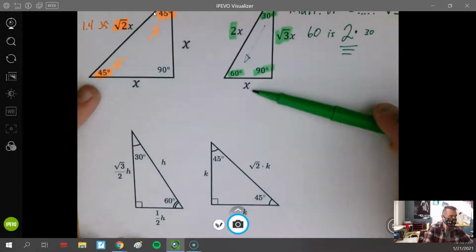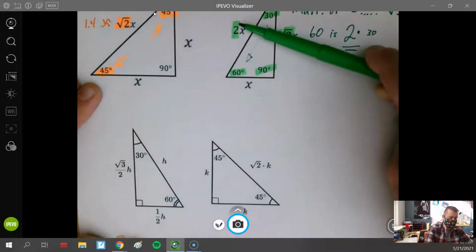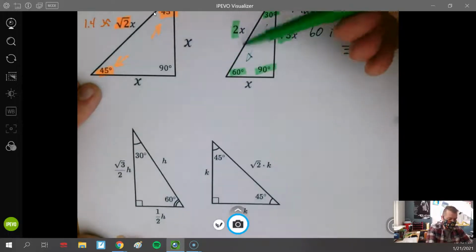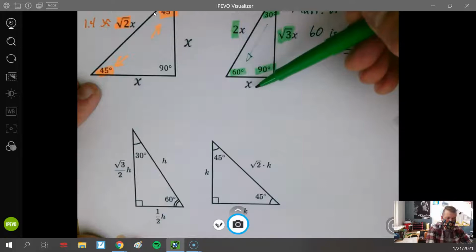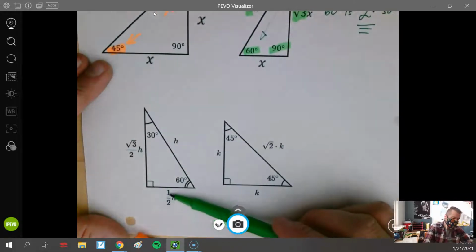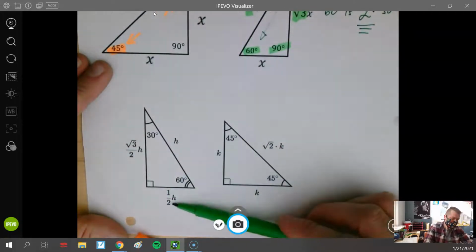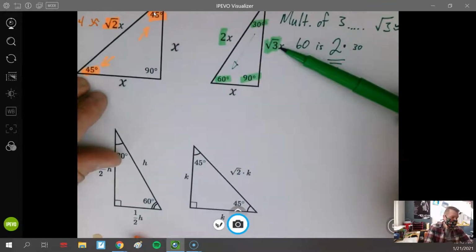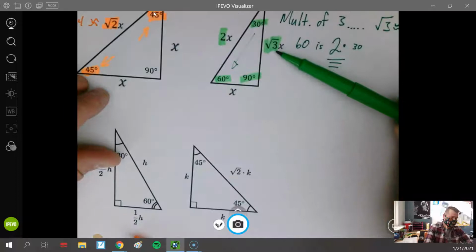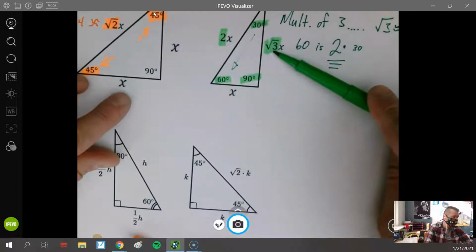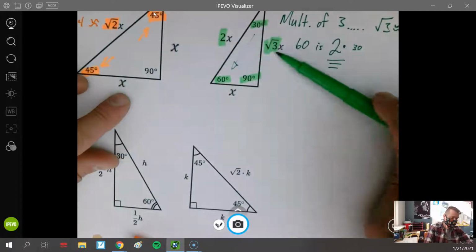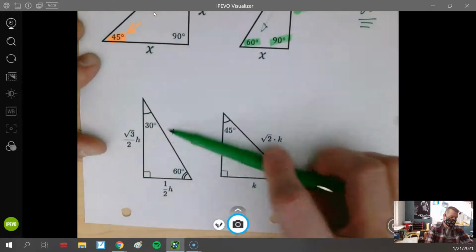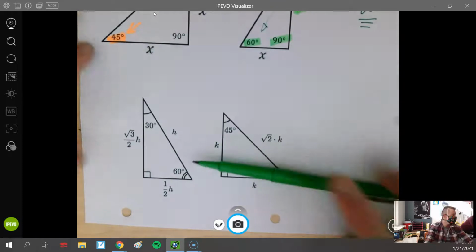So if we reference from the hypotenuse, to get to the short leg, we would have to divide by 2. So our short leg is half of the hypotenuse. And to get the long leg from the hypotenuse, we would have the radical 3 over 2, which is why I'm showing you the unit circle at the same time. So if referencing the hypotenuse, radical 3 over 2.